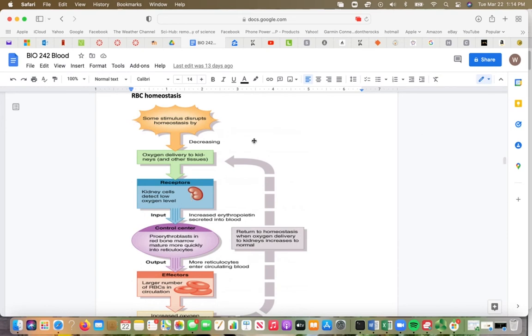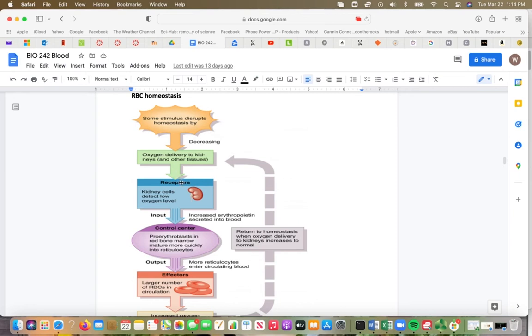So we do have homeostatic mechanisms that try to maintain the level of red blood cells. If you have some sort of disruption that can impair this, it can lead to changes in oxygen delivery to the kidneys.